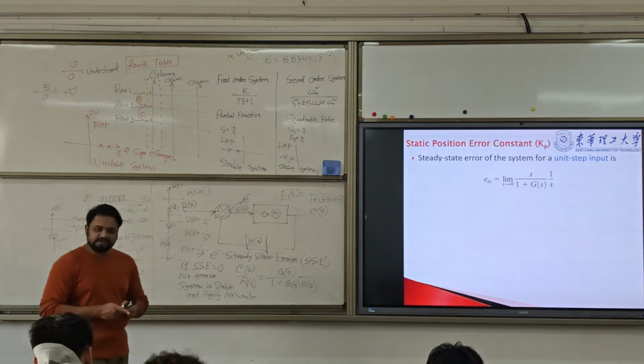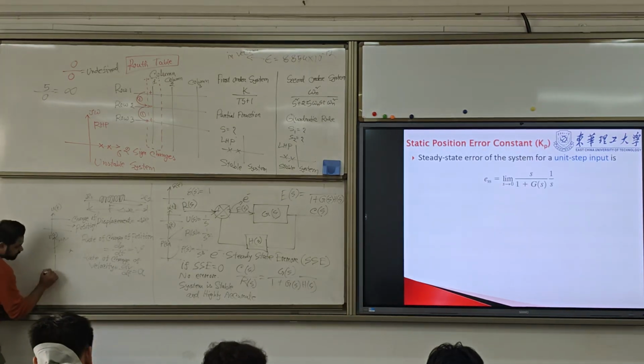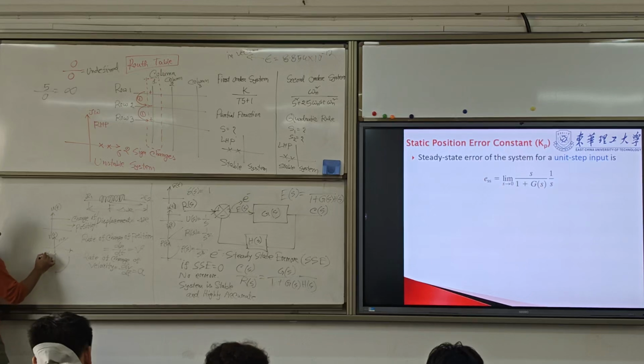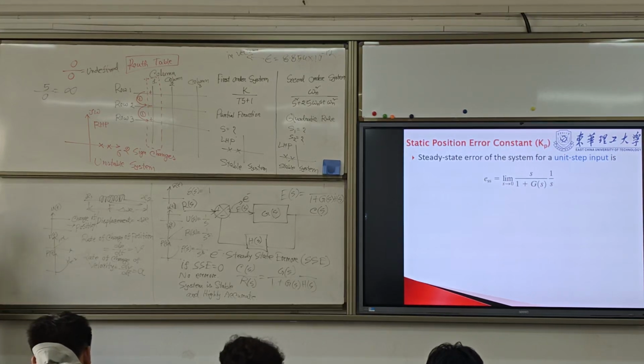Now, also there is one more, the rate of change of velocity. This one we can call p(t), that is t squared by 2. So y equal to t squared by 2, y equal to t.